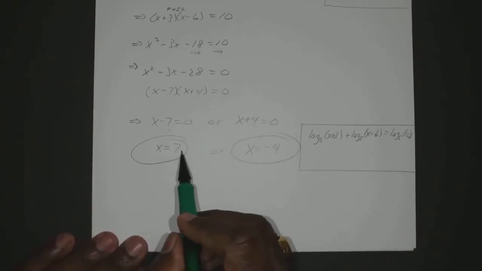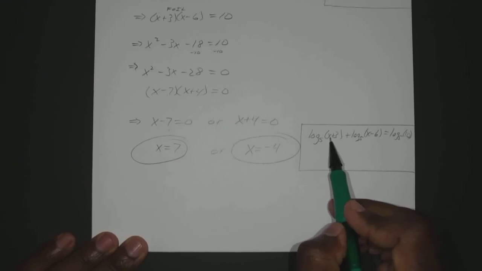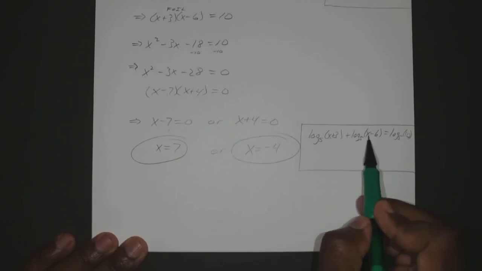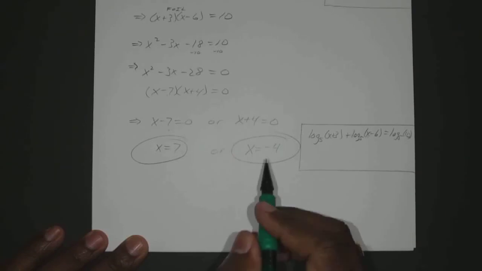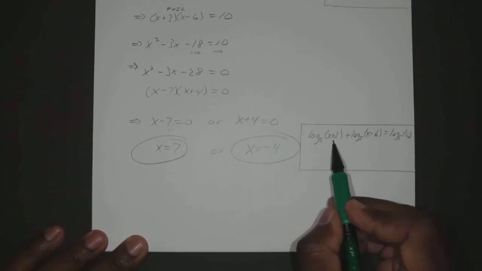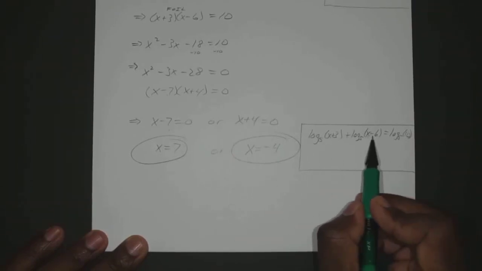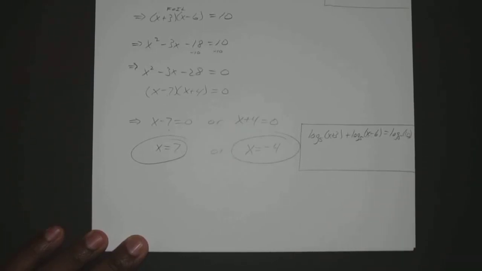Okay, so if we plugged in 7, you'd end up with log base 5 of 10 and log base 5 of 1. So you're okay there. Okay, nothing negative. Plug in negative 4, you'll end up with log of negative 1 and log of negative 10. So you won't be able to use that one.